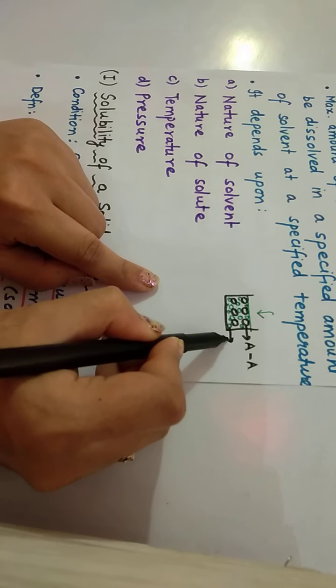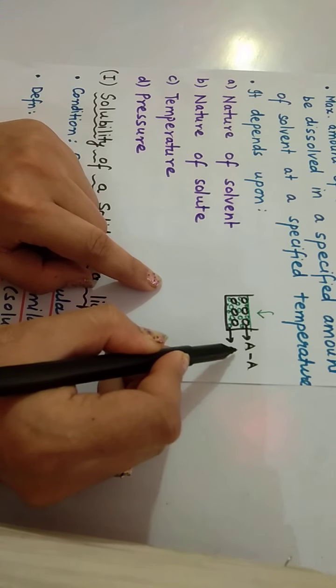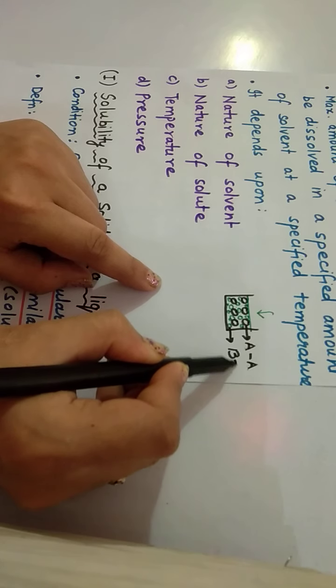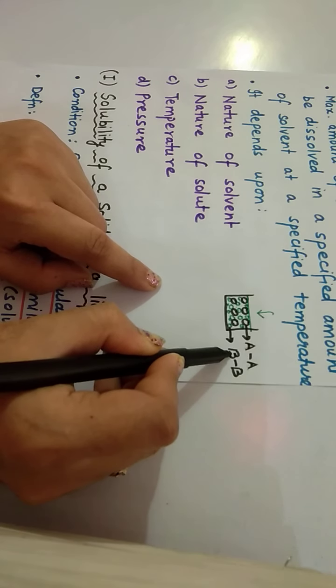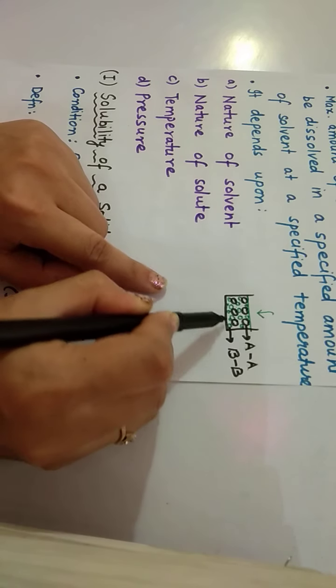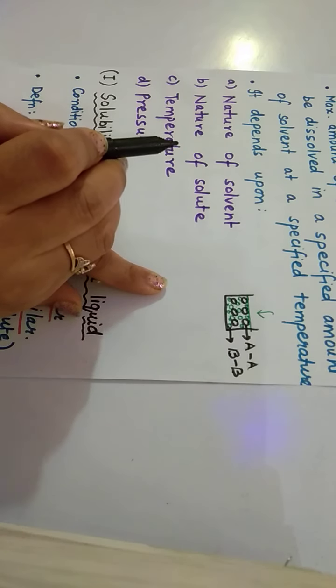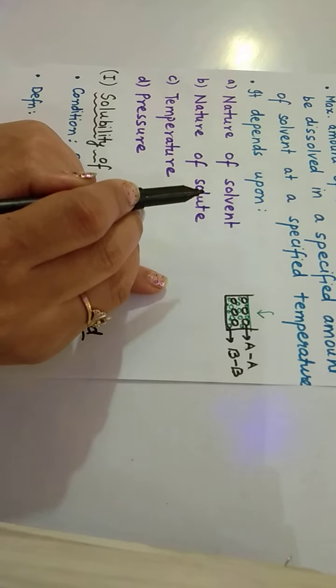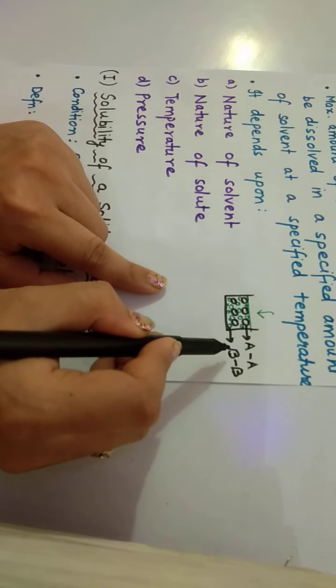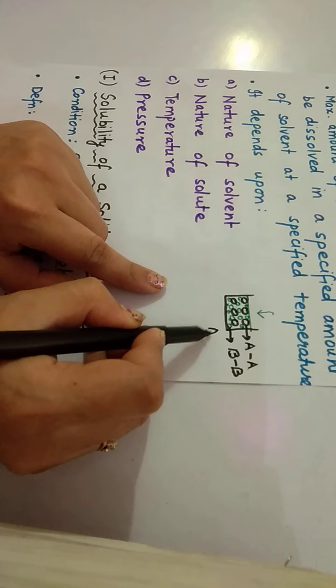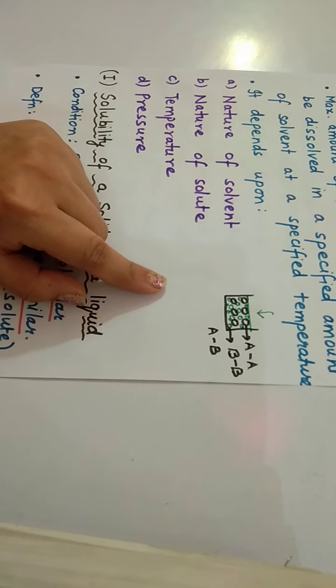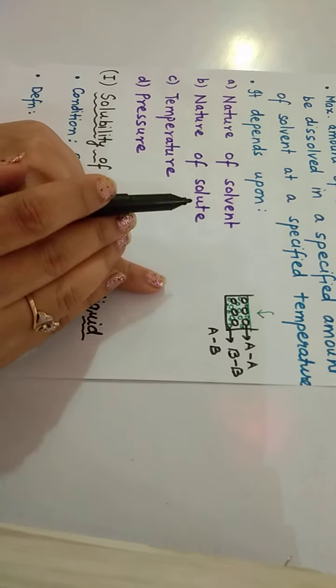Here the solute sugar particles, if I give them the name B, then the interaction between sugar particles is BB interaction. But after dissolving sugar in water, there will be interaction between water and sugar particles, AB.